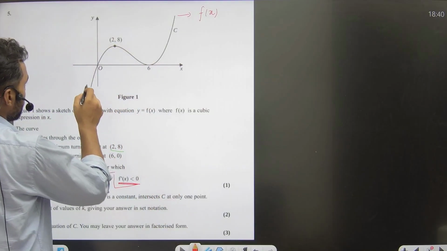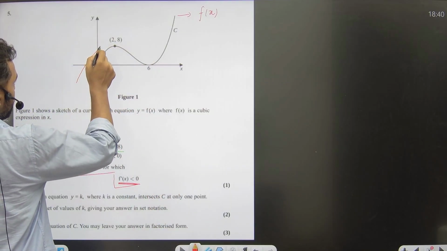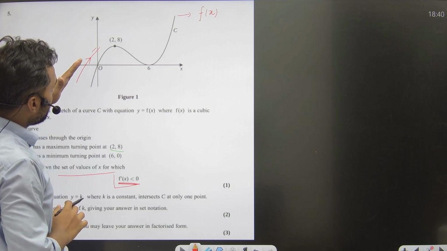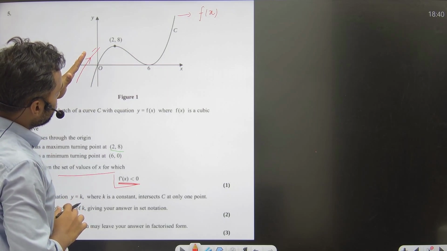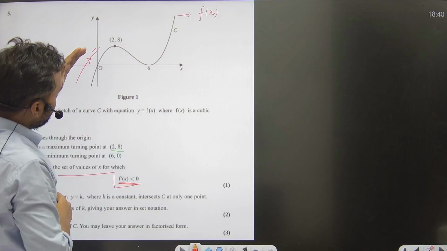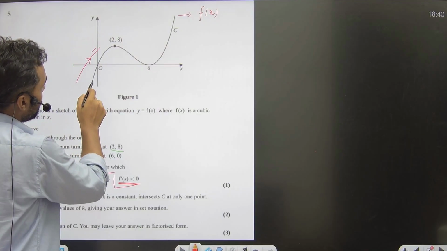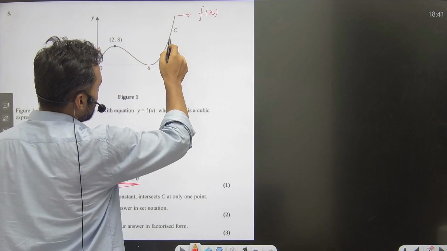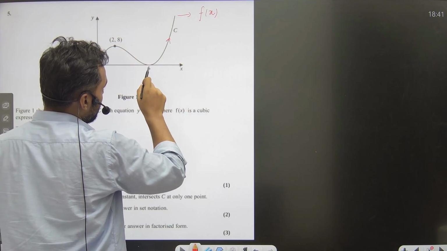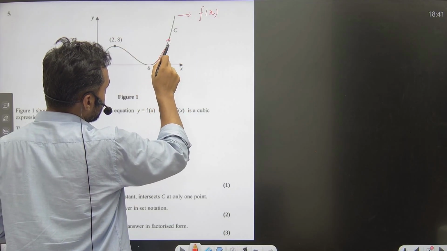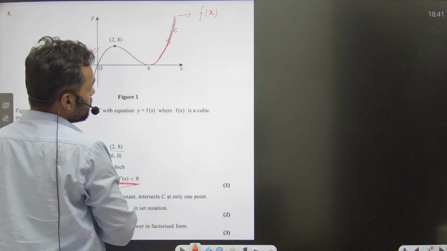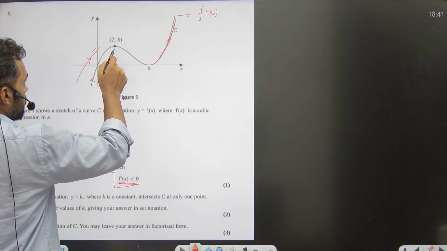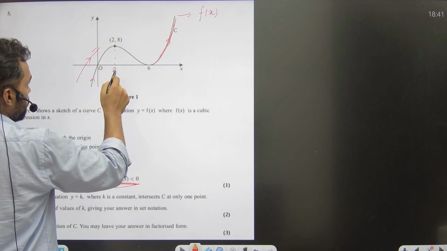If I talk about this part, you can see that the slope is increasing here. Similarly, from 6 onwards to the upside, again the curve is increasing toward the upside.